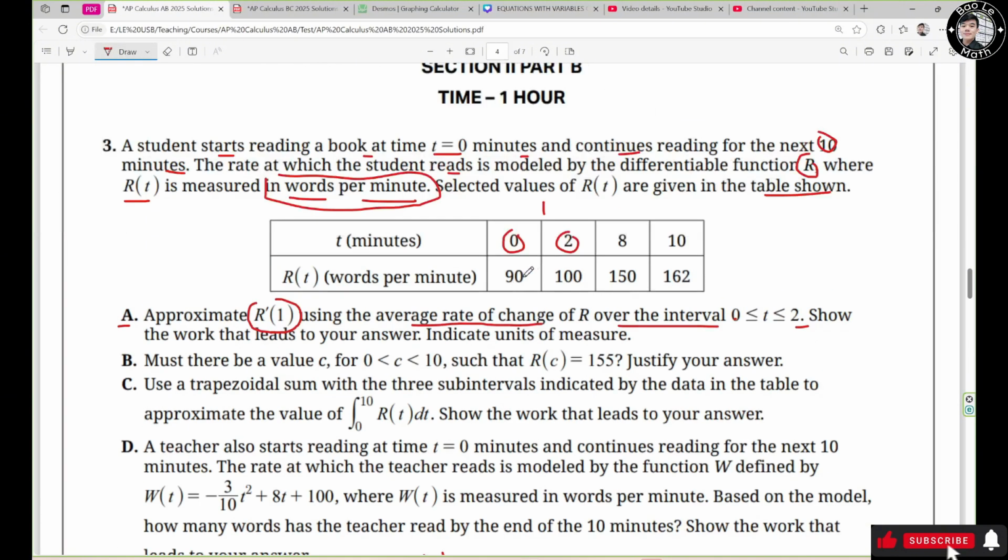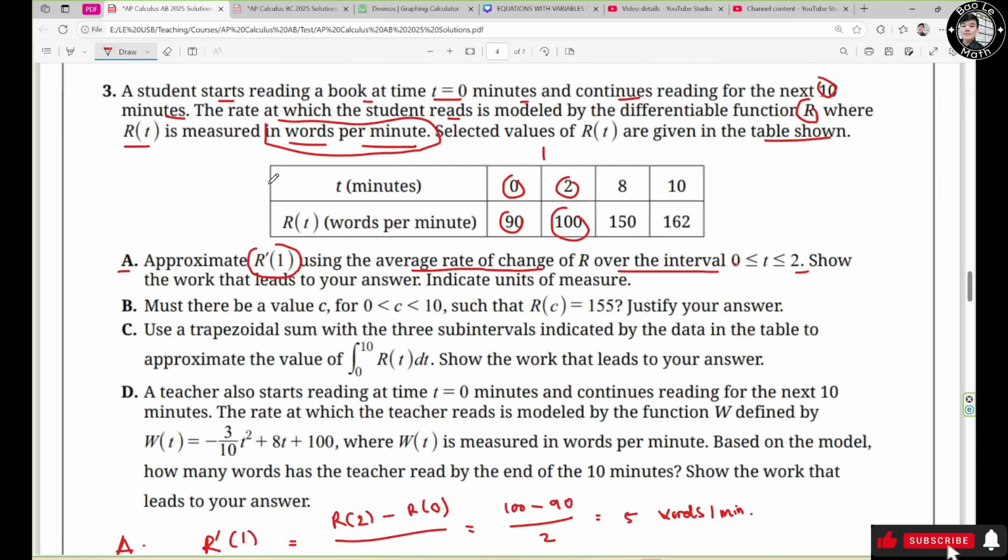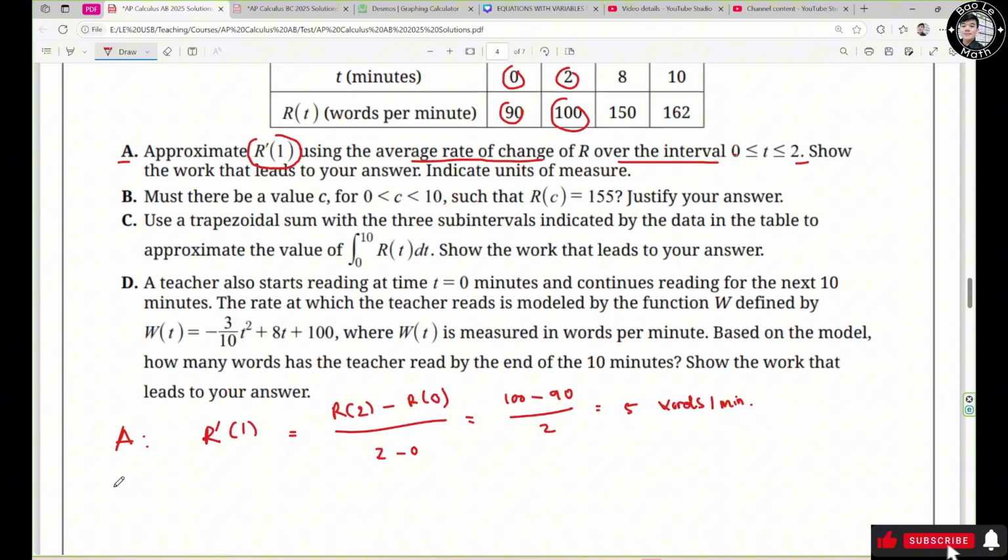R2 is going to be 100, R0 is going to be 90. So you have 100 subtract 90 divided by 2, so it could be 5 words per minute. The units right here are words per minute. Now, question B.